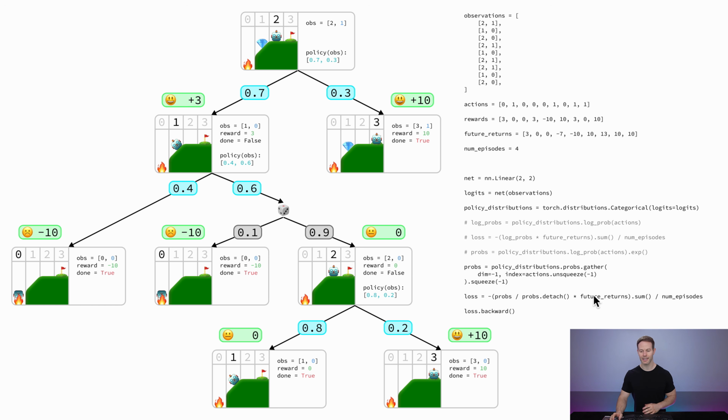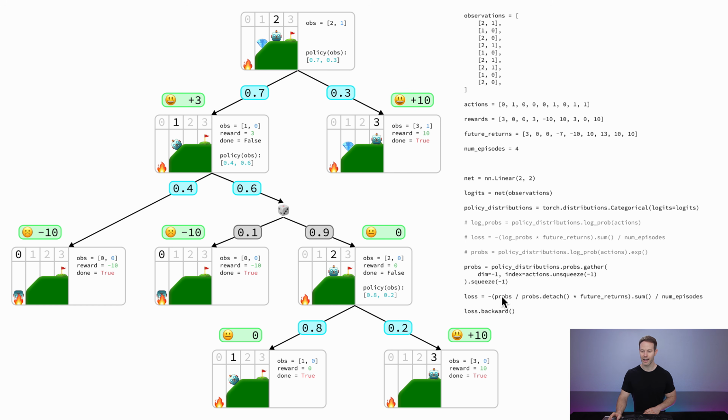Because for each action in this sum, the probability that that action will be in the list is going to be the probability of taking that action in our environment. So here, if one of the probabilities is this 0.2, it'll only be in the list on average 0.7 times 0.6 times 0.9 times 0.2 of the time. But for the gradient to be correct, we want to actually multiply this future return value by the probability of ending up in the node from which that action was taken.